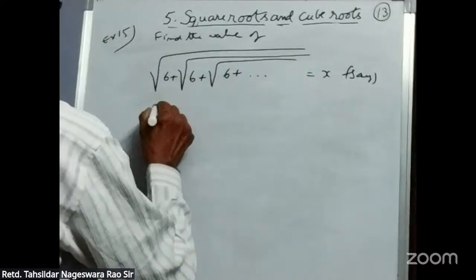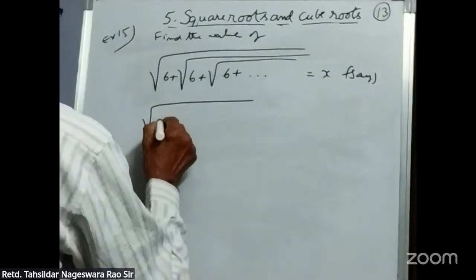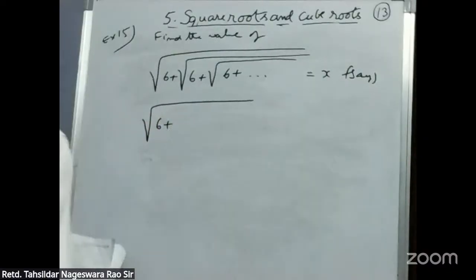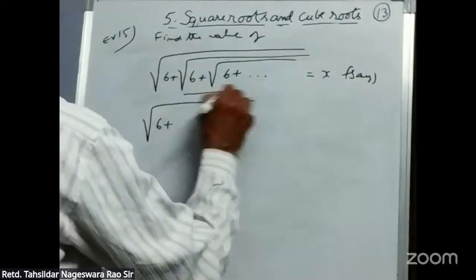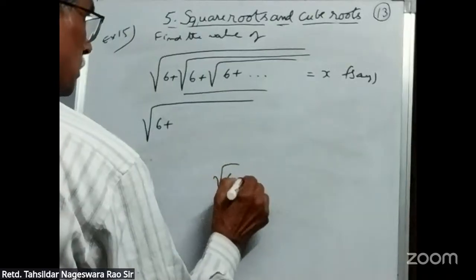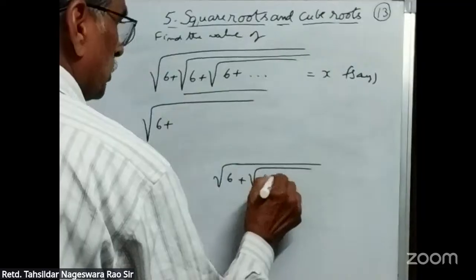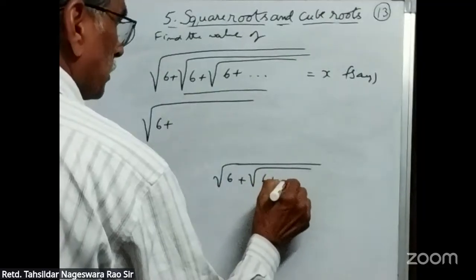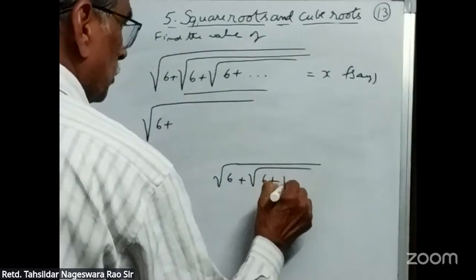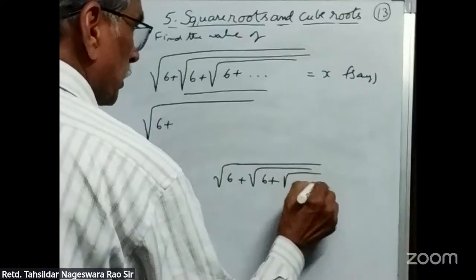Here, square root of 6 plus the remaining portion. What is this portion? Root of 6 plus root of 6 plus root of 6 plus.